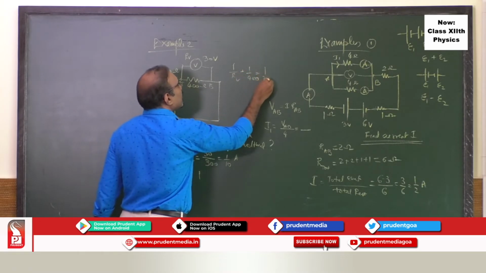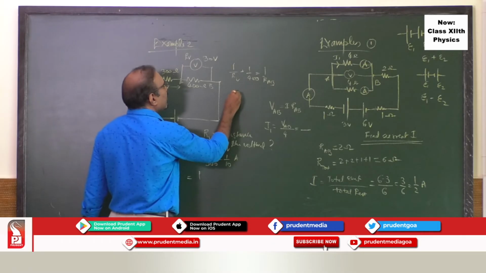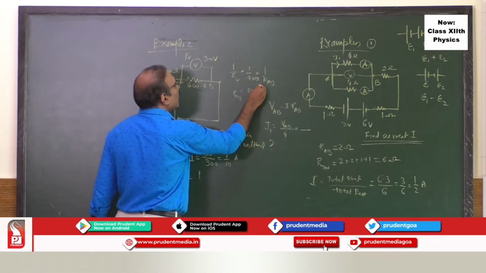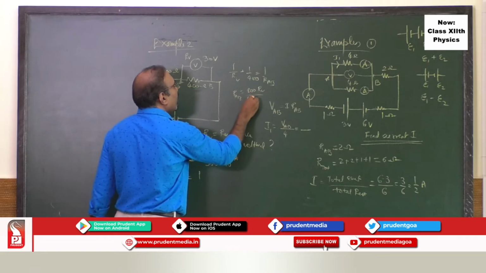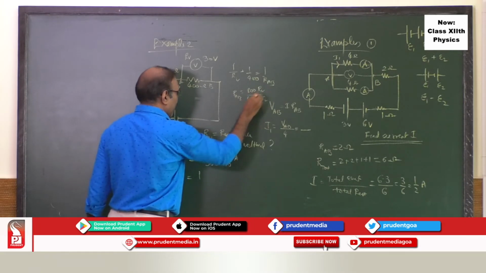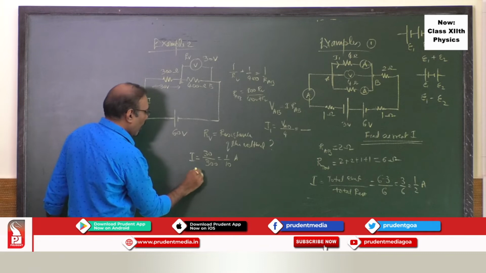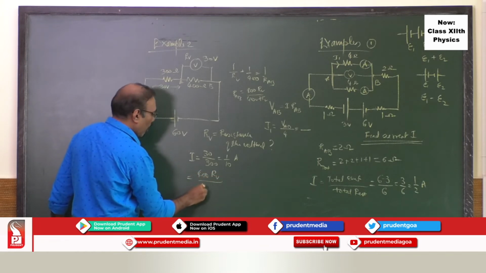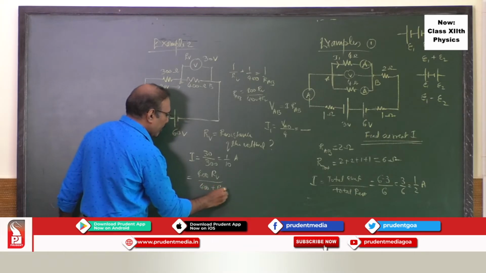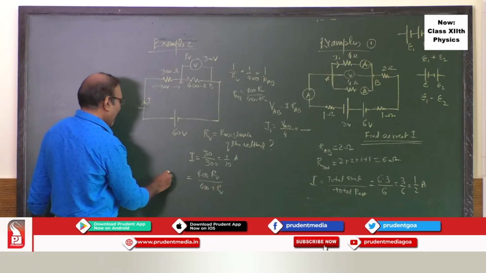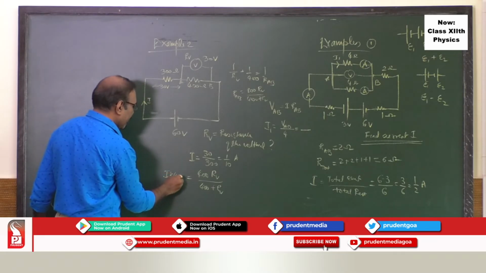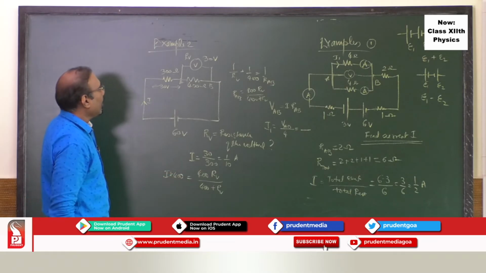That is the resistance between A and B. So the resistance between A and B will be nothing but 400 into RB upon 400 plus RB. Resistance is 400 here.